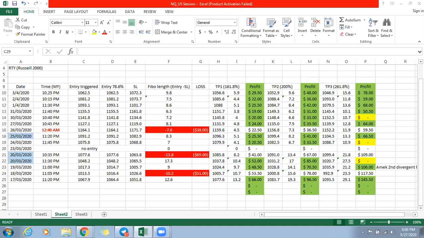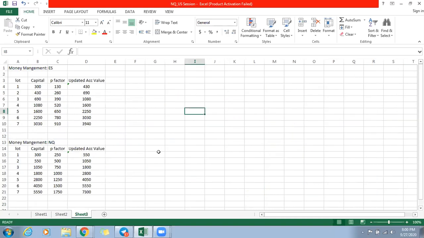Then it should be okay because the risk is based on your position size. You can put 800 or 1000 or 500 or 300, but still you have to start with one lot position size. Okay, so you see my screen for the Excel file.